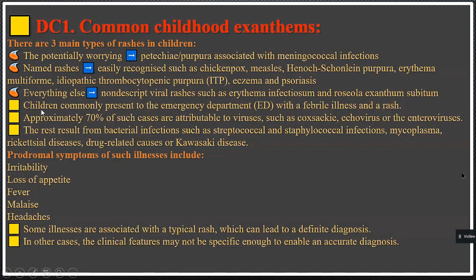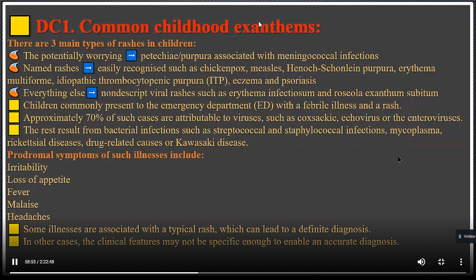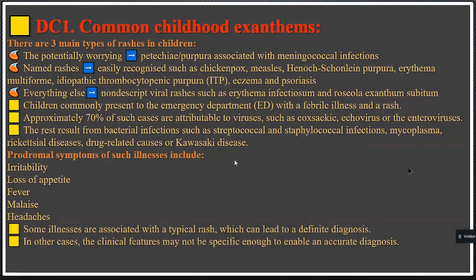And most rashes in children present with febrile illness and rashes. 70% of rashes are viral, such as Coxsackie or echovirus or enterovirus. The rest will be bacterial infection, like for example, strep or staph, or maybe mycoplasma. Sometimes also drug-related, or maybe Kawasaki disease.